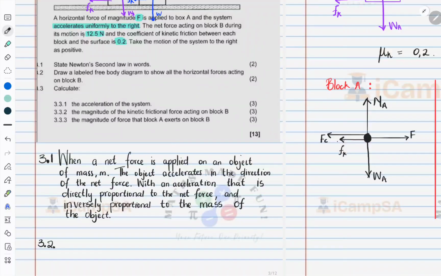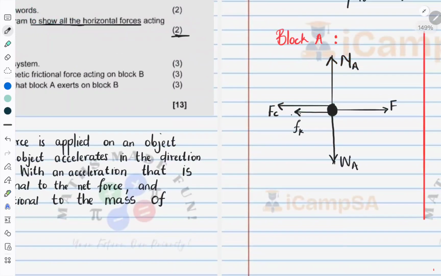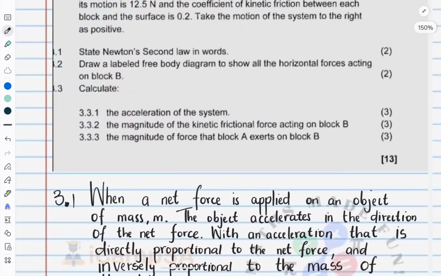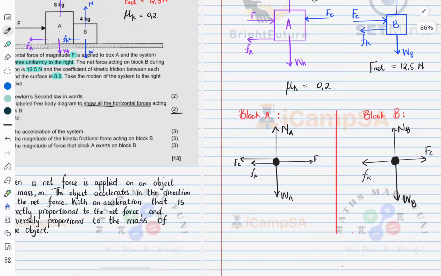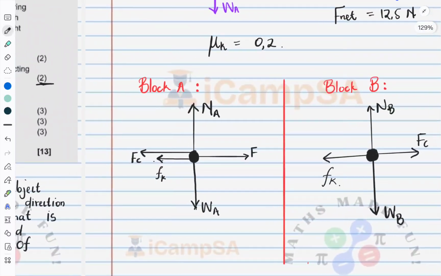Now for 3.2, we're asked to draw a labeled free body diagram to show all the horizontal forces. This one is a special instruction, to show all the horizontal forces acting on block B, and it's 2 marks. So if you check the one that we have for block B, the one we prepared before answering these questions, it has 4 forces.